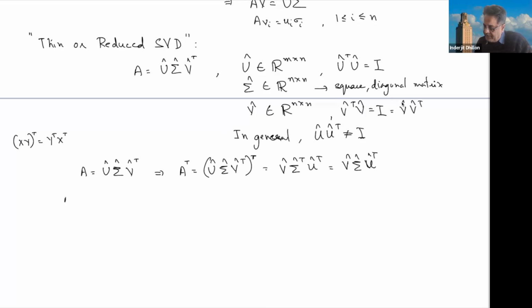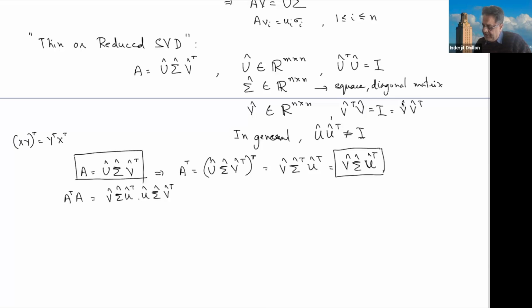So this is the SVD of A transpose. Now if I do A transpose A, it is V hat sigma hat U hat transpose times U hat sigma hat V hat transpose.